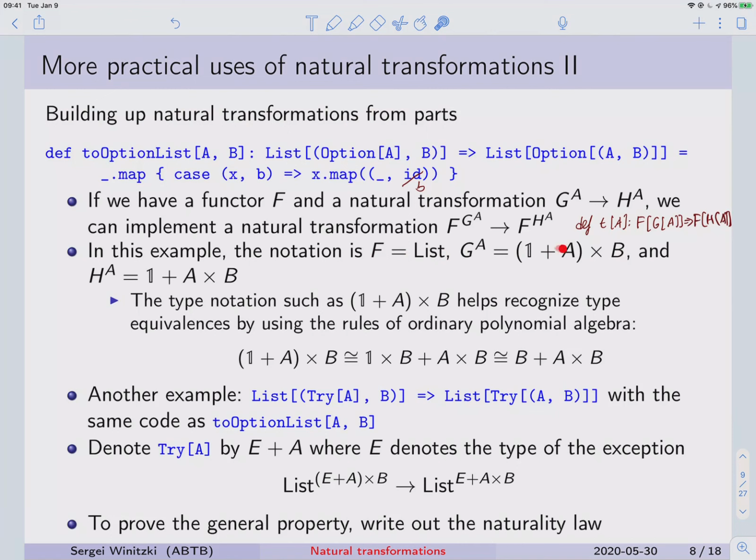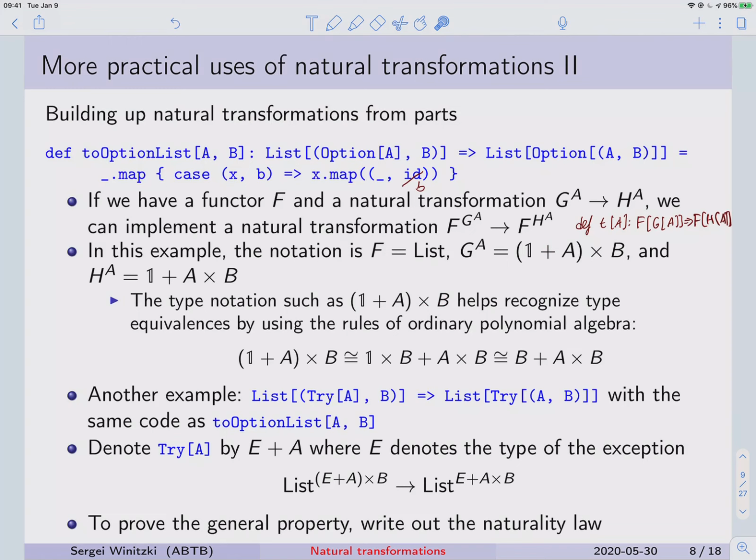So as I said, option is 1 plus a, option of a, and the pair is the product. So this is a product type, and this is a coproduct or disjunction. The type notation of this kind is designed to help us recognize type equivalences.